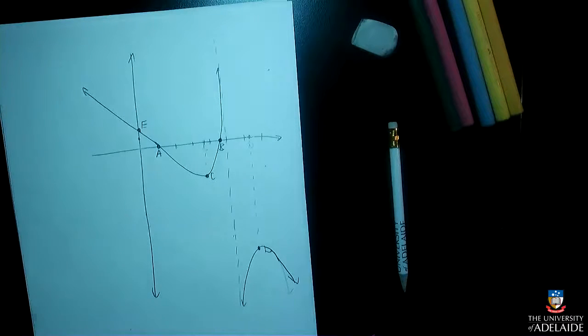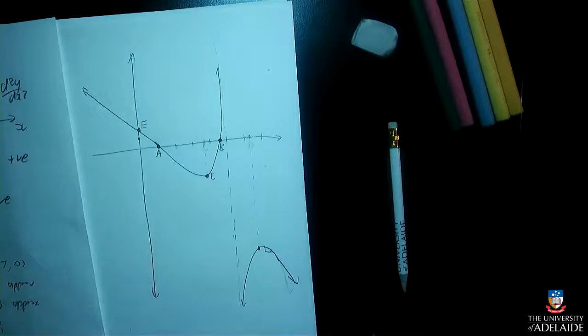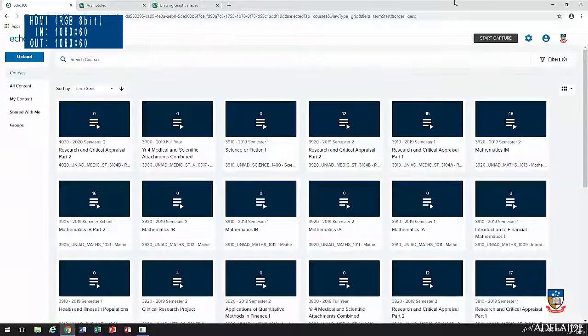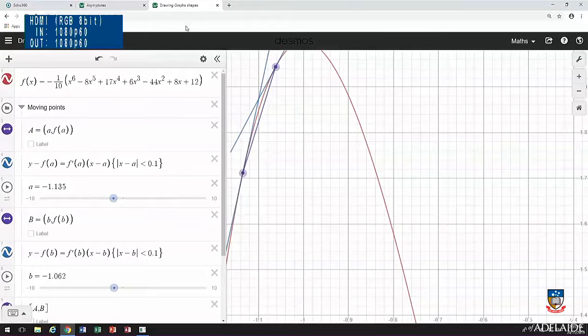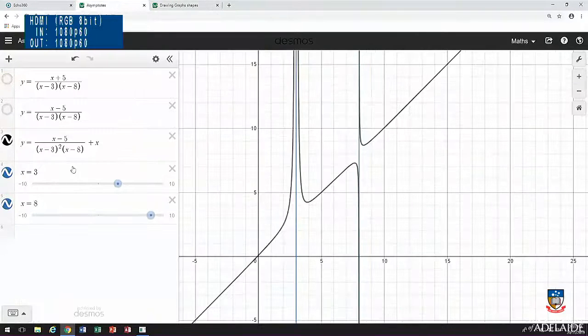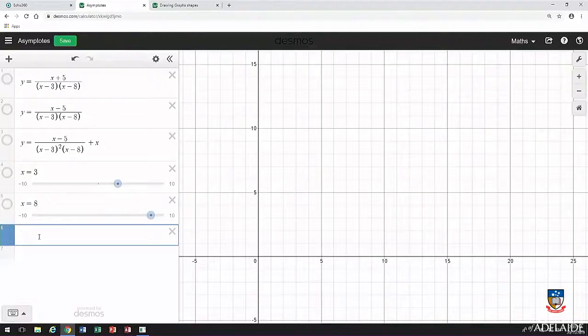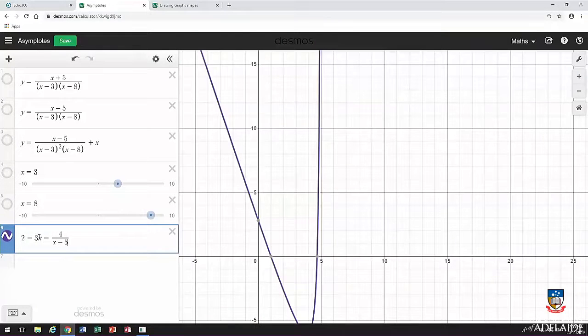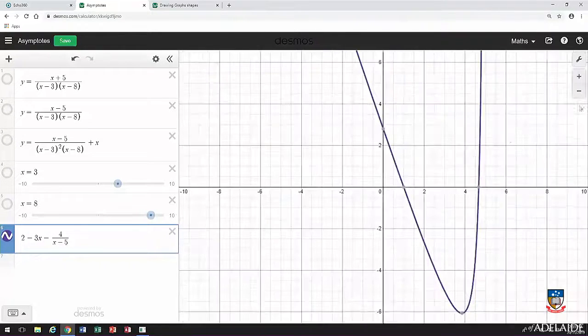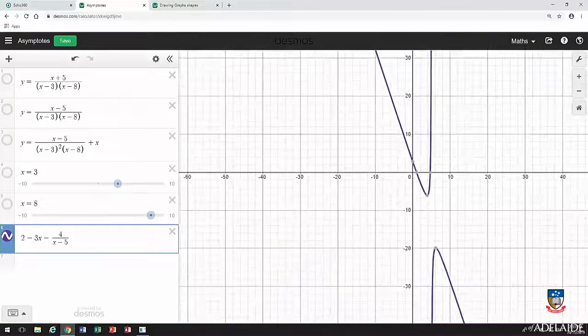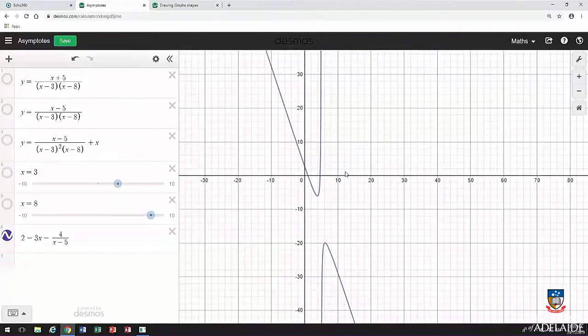Okay, it would be really cool if it really turned out this way when I drew it on Desmos. Oops, sorry. Yeah, let's turn these off. So what was my function again? 2 minus (3x minus 4) over (x minus 5). Yep, there it is.